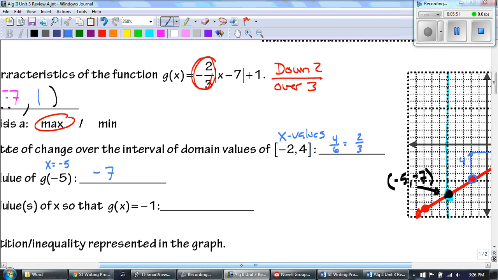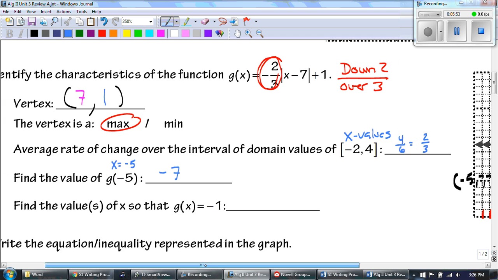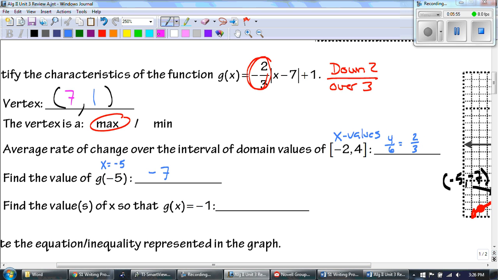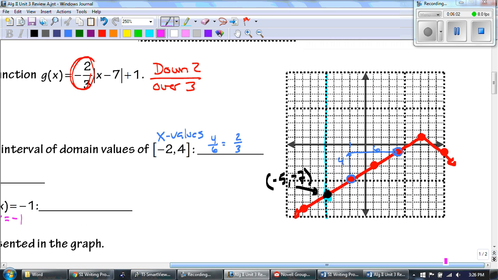Okay, the next one, find the values of x. If I don't know x, they must be telling me y. So y equals negative 1. So when y equals negative 1, there we go. And this time we've got 2 points. What are those 2 points?